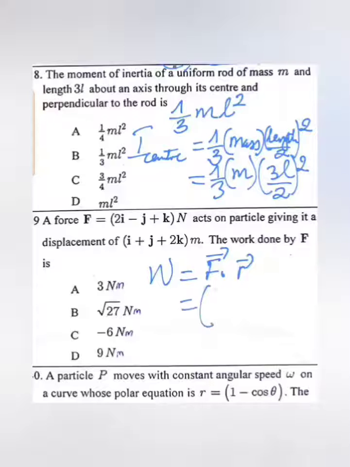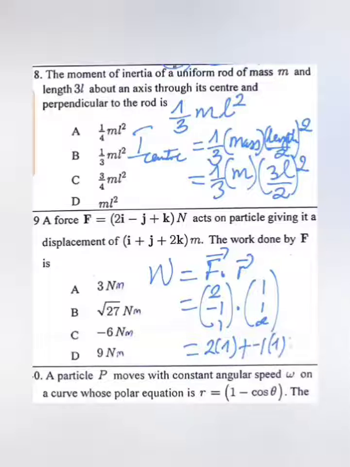So we have (2, -1, 1) dot the displacement vector (1, 1, 2), which gives 2 into 1 plus -1 into 1 plus 1 into 2. All that gives 2 minus 1 plus 2, which is 3 joules, corresponding to 3 Newton meters.